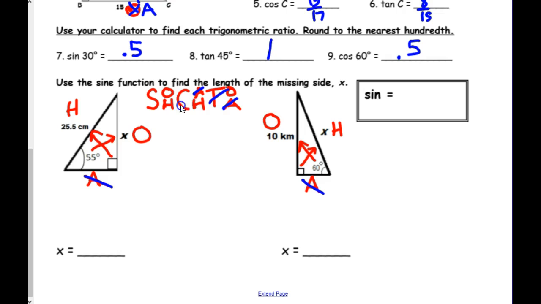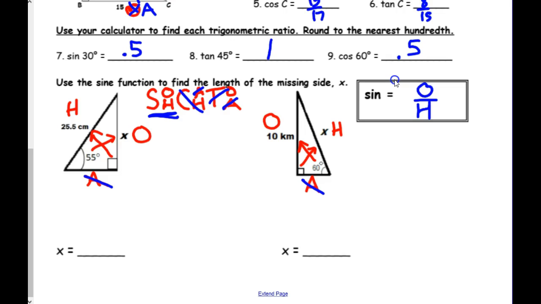Nah. Cosine? Nah. What's left right here? S-O-H. O and H have to be S. Sine is O over H. Fill in this box over here. So if there's no number, no X, no nothing next to A, you crossed it out, that's going to become a sine problem. S-I-N-E, sine.